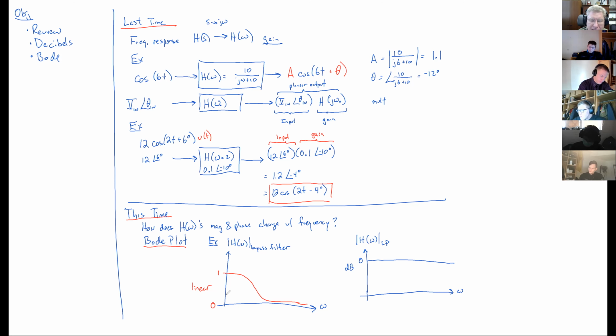And if it cuts it down as it approaches 0, in dB, it'll be negative. And then, to make things a little bit more confusing, the omega we're going to plot on a semi-log scale. So we might plot 0.1 here, and 1 here, and 10 here, and 100 here, and 1,000 here. So we're going up by factors of 10.